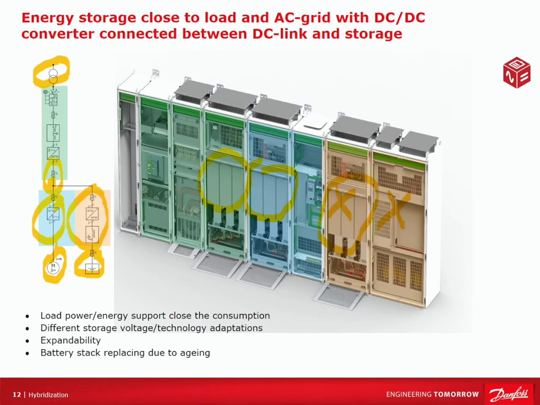The differences are going to come in the firmware, the control, and the filtering components that are necessary. Now again, we're not showing the battery here. The battery could potentially be integrated with the enclosure. However, it is quite often separate due to the fact that it could come from a supplier in an integrated unit along with a battery management system, and it may be more convenient for replacements due to aging, for example.